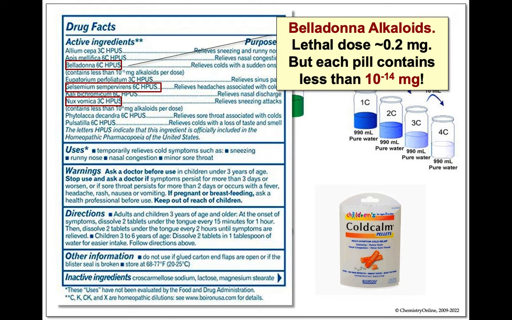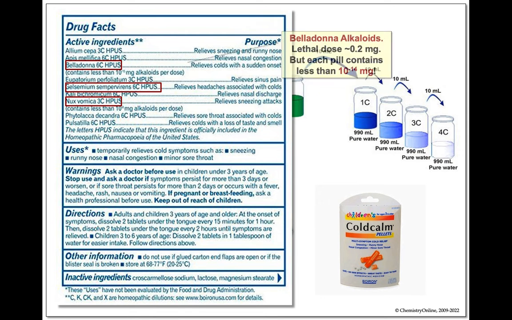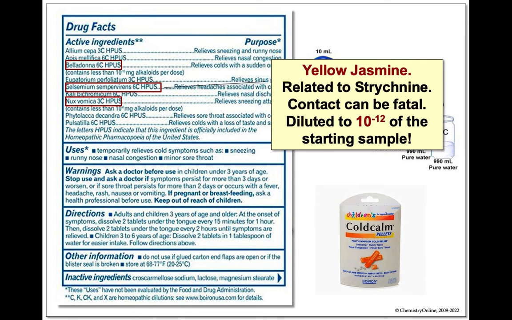14 of those. Lethal dose is 0.2 milligrams. Very, very toxic stuff. This stuff, yellow jasmine, related to strychnine. Contact just with the plant can be fatal. 10 to the minus 12 of the starting sample.